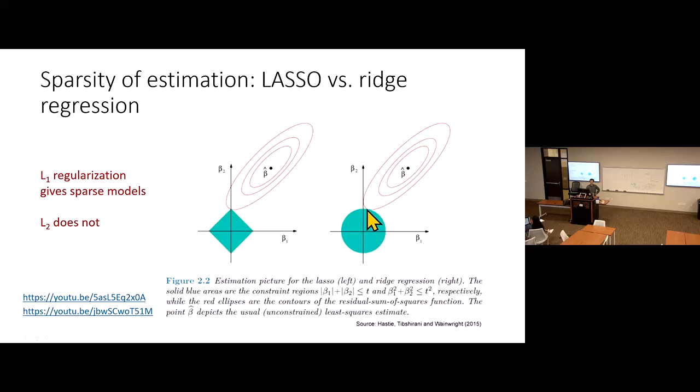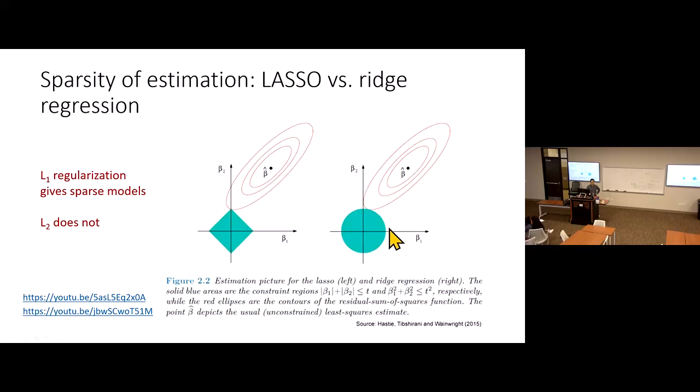If you use the L2 norm, which is ridge regression, you are dealing with a situation something like this. You allow the combinations of beta 1, beta 2 smaller than a certain value, and that's within this circle, because the L2 norm can be represented with this.